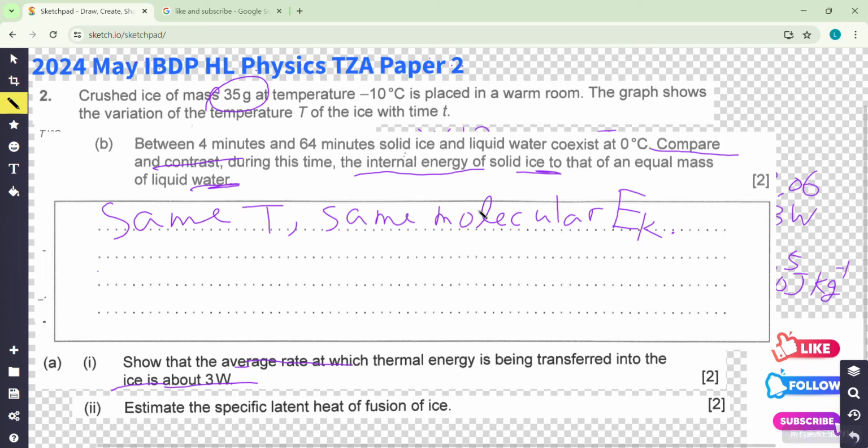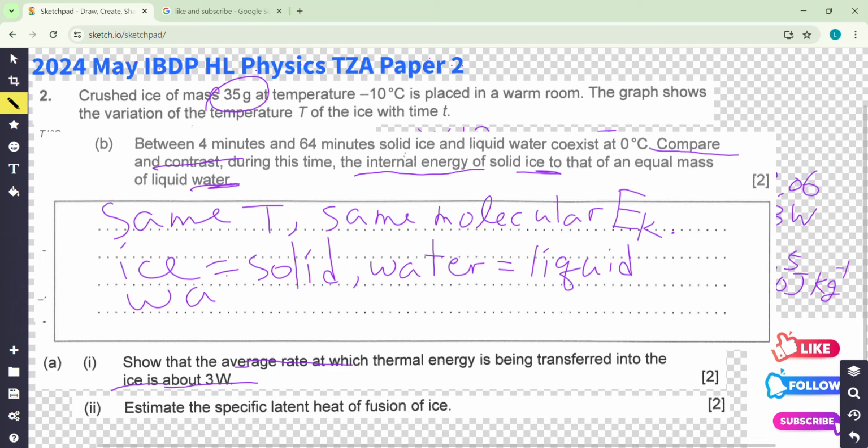And then because the ice is in a solid state, remember, fairly simple thing you still need to say, ice is in a solid state, while water is in a liquid state. So water has a larger latent heat, so water has higher latent heat, or molecular potential energy, you can say.